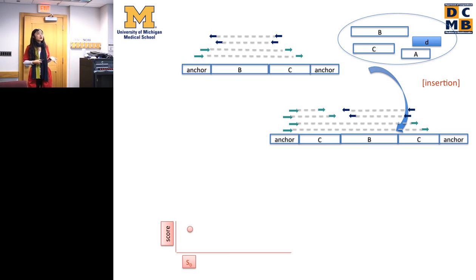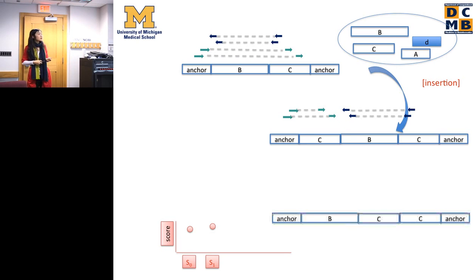Based on the insert length model we built before, this could be too long for us, so it will produce a very bad score for this structure. But if we map the pair here like this, the insert length could make more sense for us, and this could end in a much better score, so we just keep this as the mapping situation. We decide all this in our algorithm.